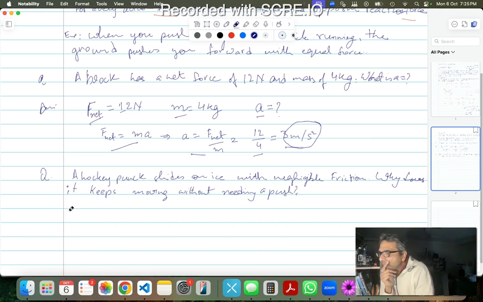Right. So the answer will be the first law of motion, which states no net force means velocity stays constant.